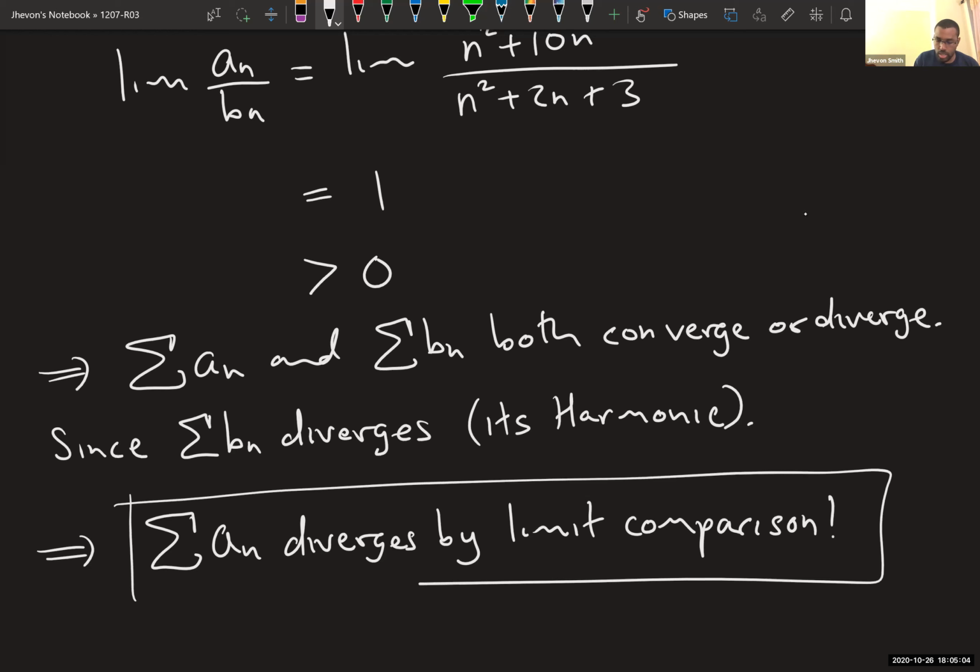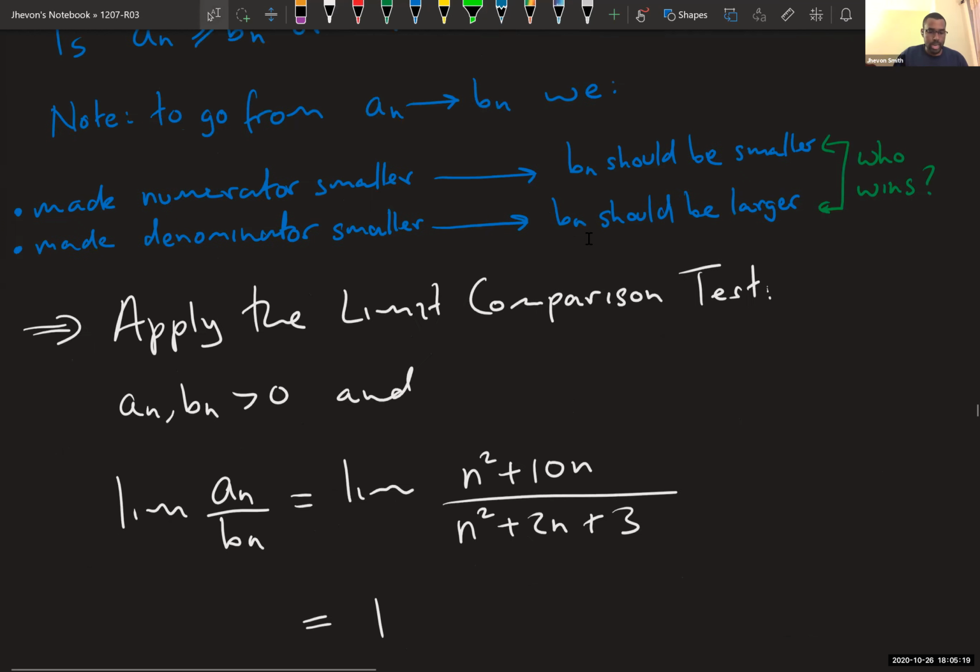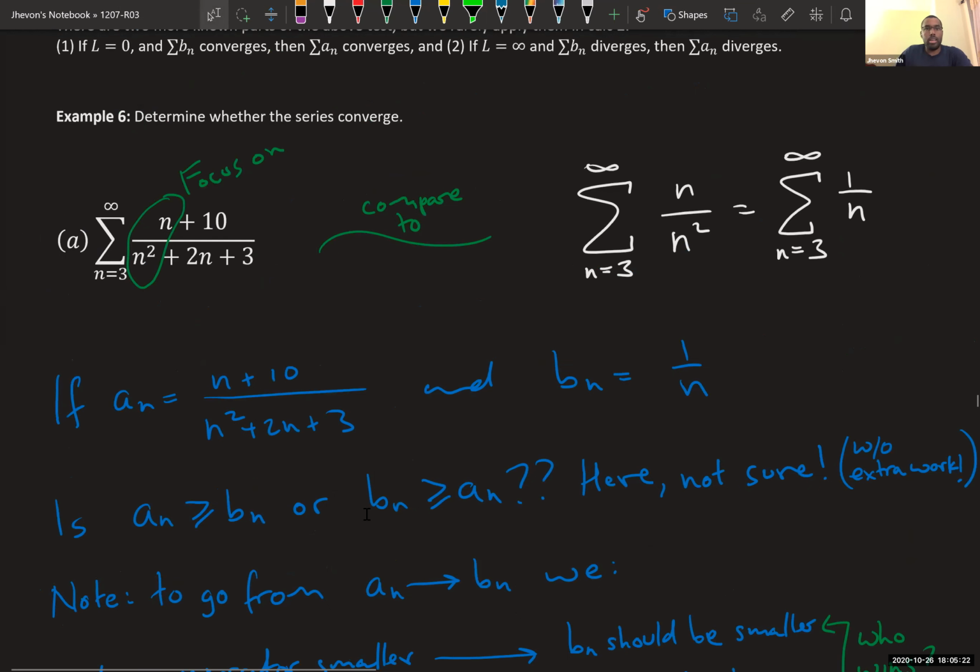So like I said, when you're using the direct comparison theorem, you can just say comparison. When you're using the limit comparison theorem, you usually emphasize that you're using the limit comparison theorem. You say limit comparison. So comparison is just the direct comparison theorem. So it turns out that this guy diverges because he behaves very similarly to the harmonic series. Too similarly to the harmonic series.